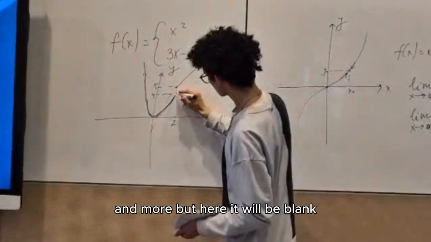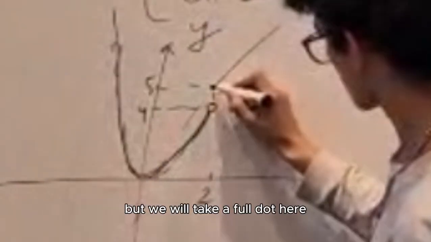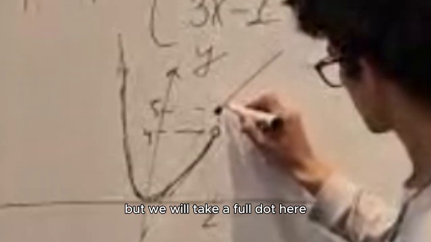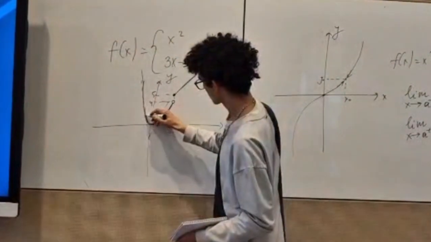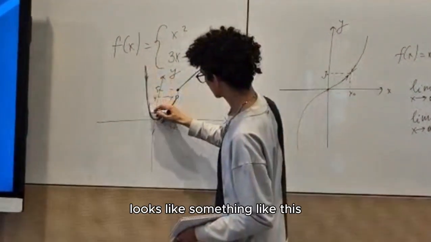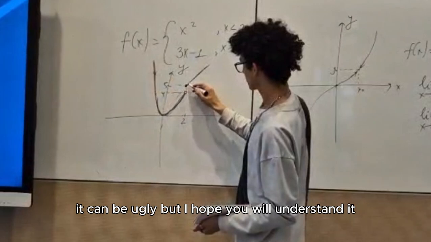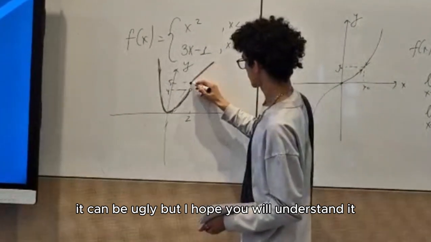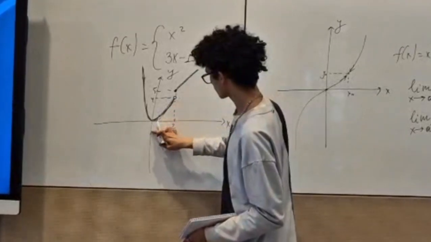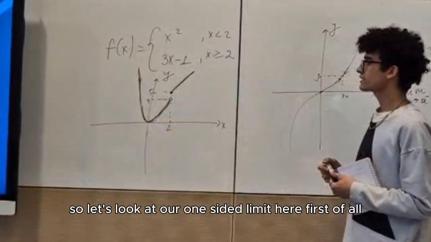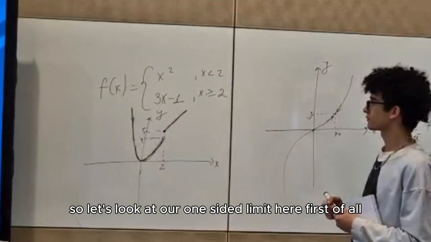But here, it will be blank, but we will take a full dot here, and our piecewise function looks like something like this. It can be ugly, but I hope you will understand it. So this point is 2. So let's look at our one-sided limit here.